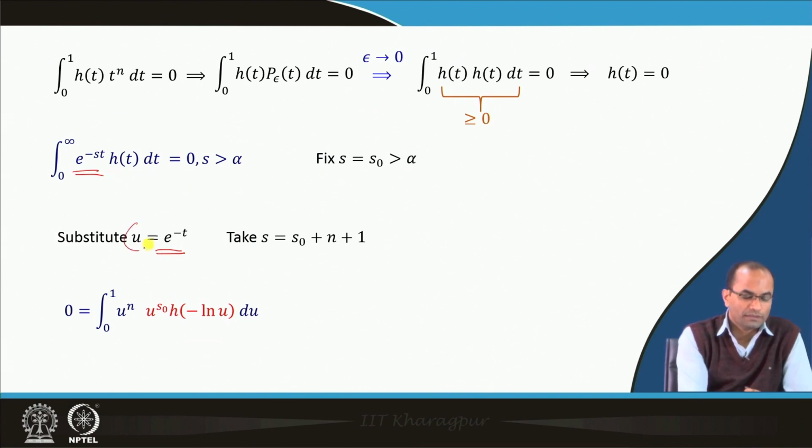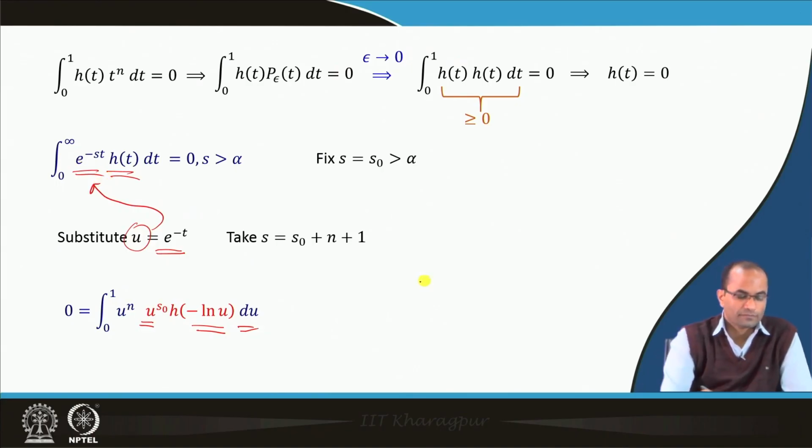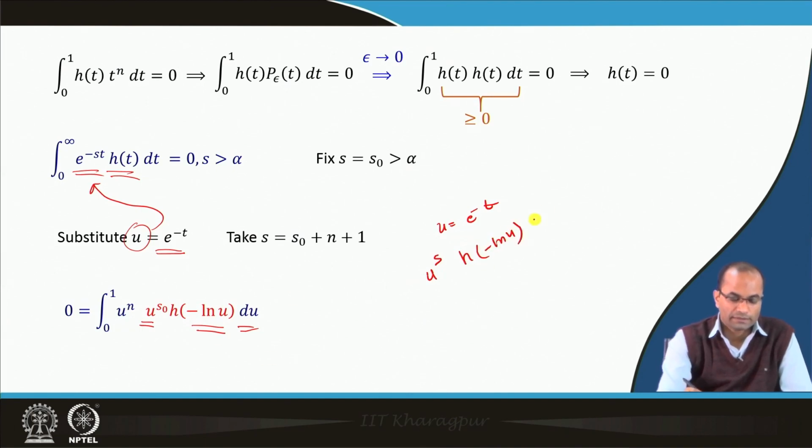This will be written in terms of u, then h of t is h of minus ln u, and then we have du, and there will be a factor of u power s when we substitute. So, when we substitute e power minus t, we get u power s, and then we have h of minus ln u in the integrand, and du.